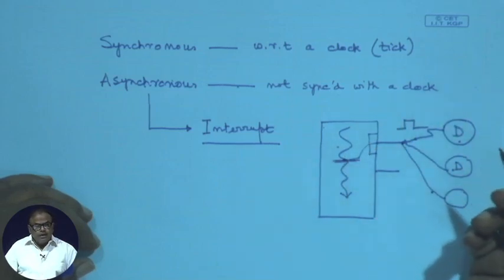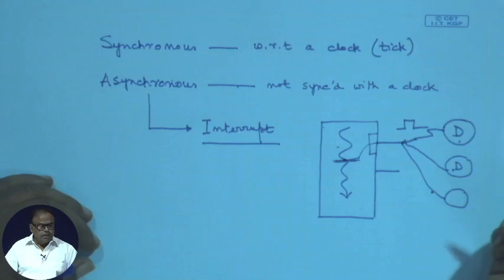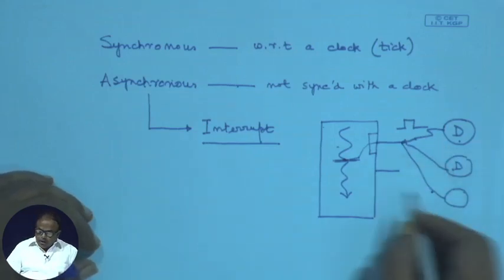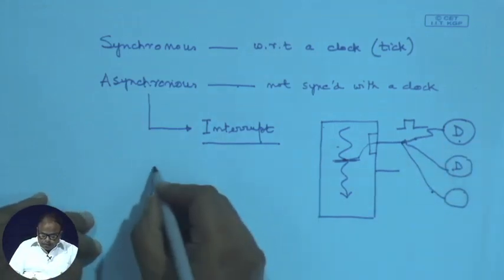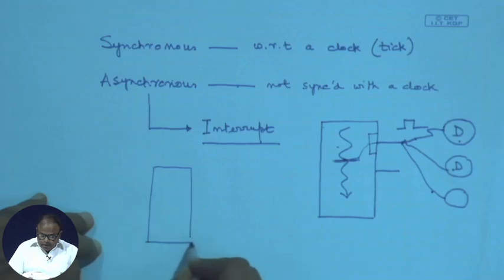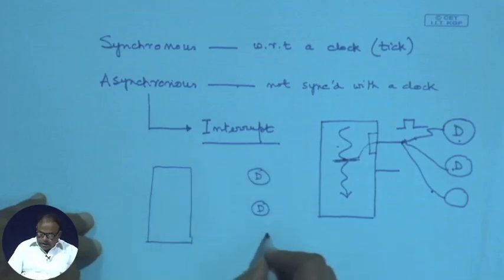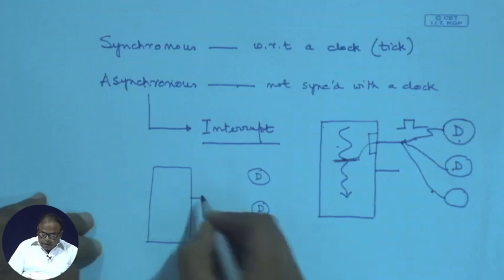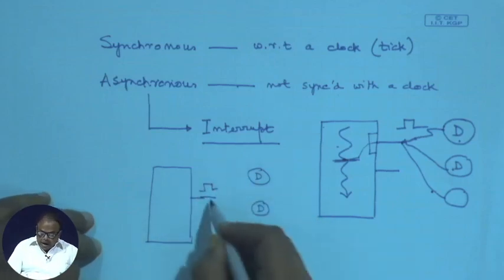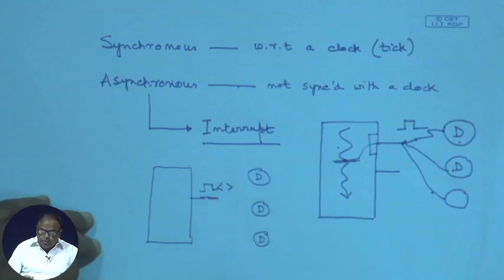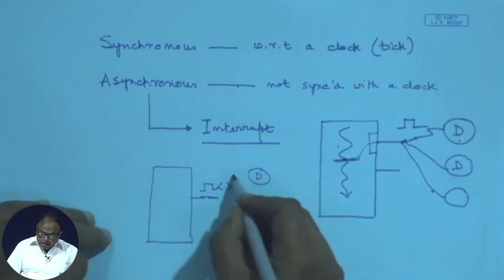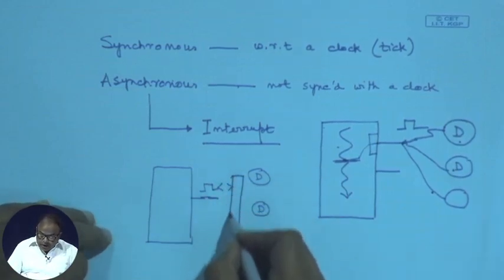The other option is to go for a vectored interrupt. Here is the processor and the devices are there, and I have a pin, and an interrupt has arrived at this pin, and along with that some more information is sent that tells me which device has sent the interrupt.